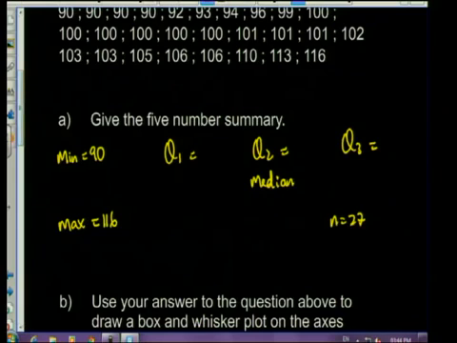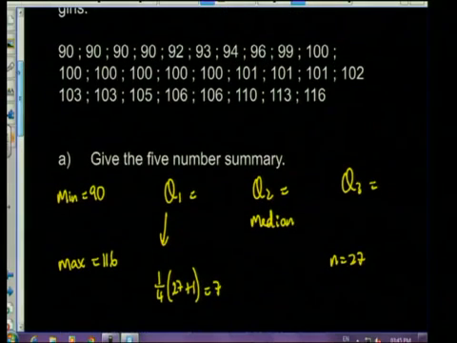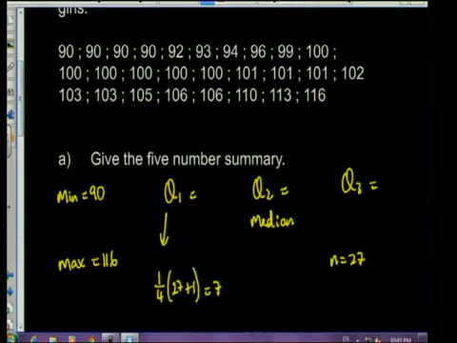All that I do is I say that would be a quarter, so this is position of n plus 1. A quarter of 27 plus 1. And a quarter of 28, well that works out nicely, is a 7th value. So all I've got to do from my sorted data is count the 7th value. So 1, 2, 3, 4, 5, 6, 7, and that there is my Q1 value.